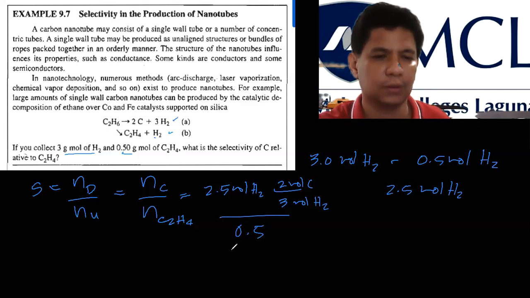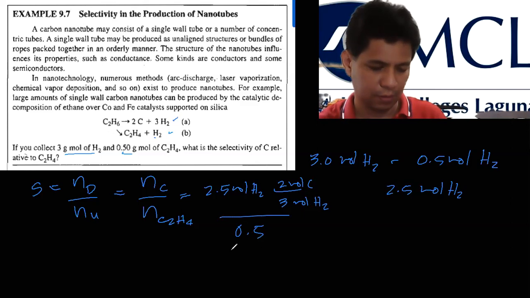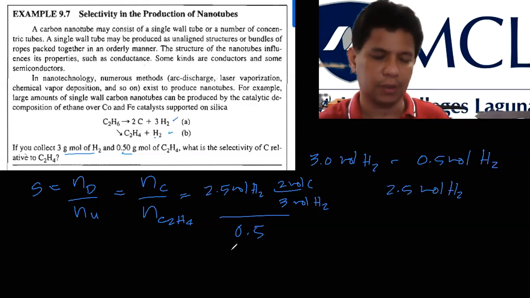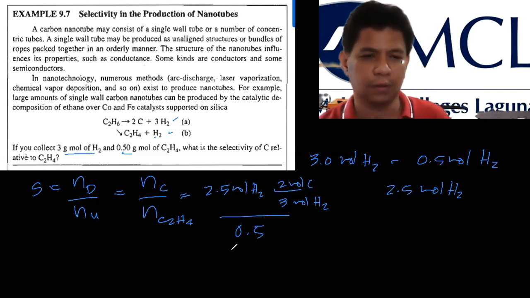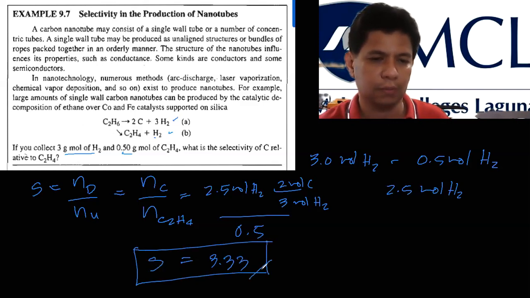Okay, so just use your calculator to calculate selectivity. It would be 2.5 times 2 divided by 3, divided by 0.5. That gives 3.32. So selectivity is equal to 3.32.